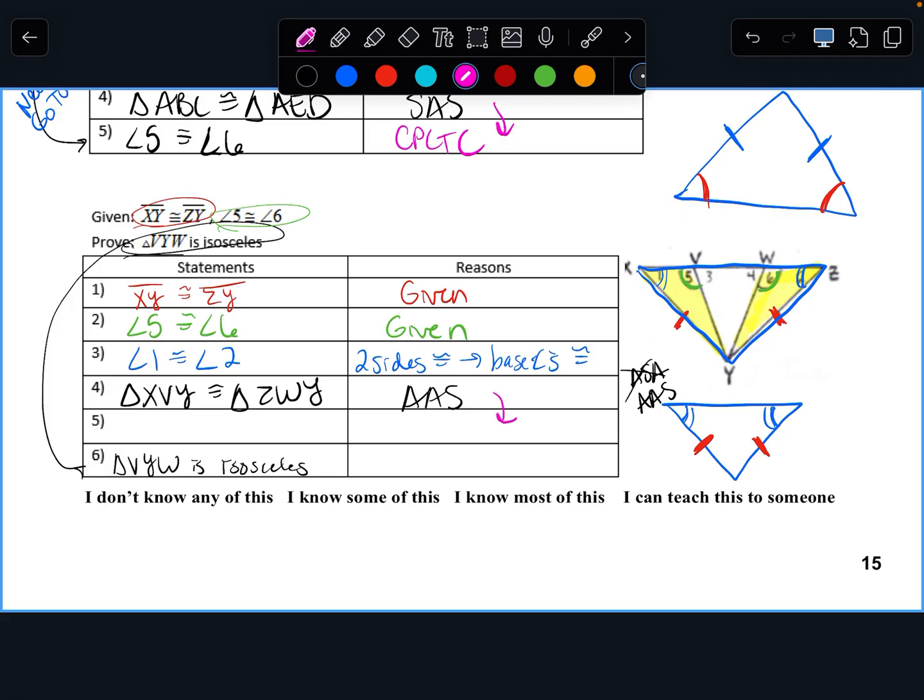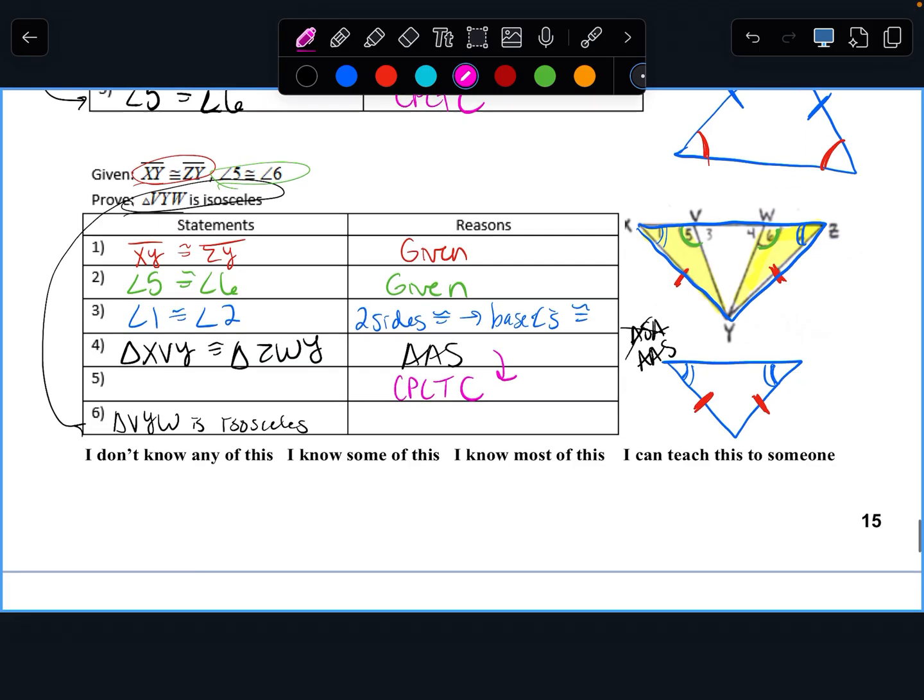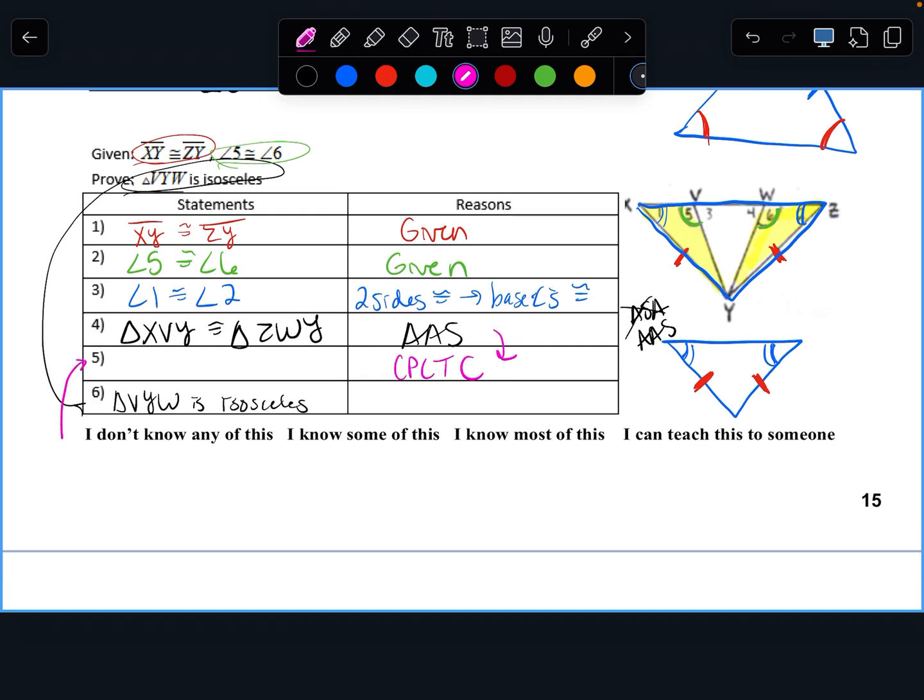So, all right, now we're going to follow CPCTC, and then you're like, cool, I don't know what to write. So, for step 5, remember you've got choices. We could do the stuff in the yellow triangles that aren't marked yet. I could do angle XYV.